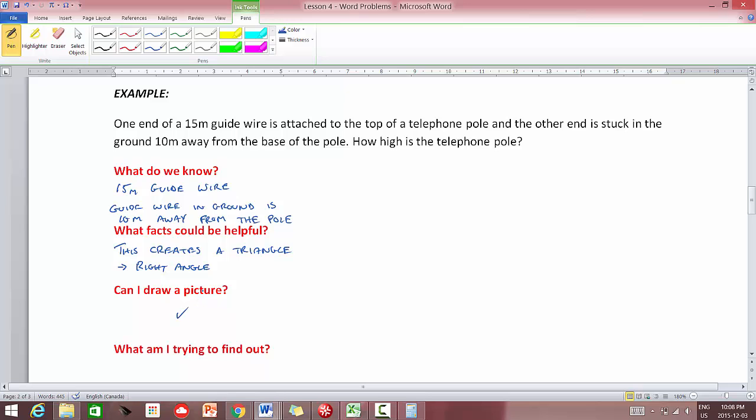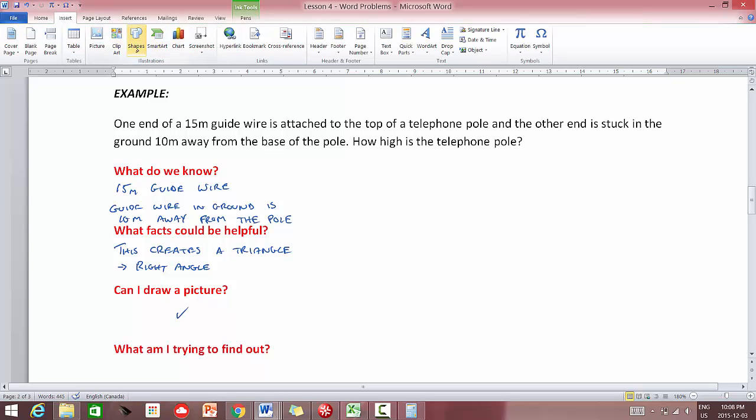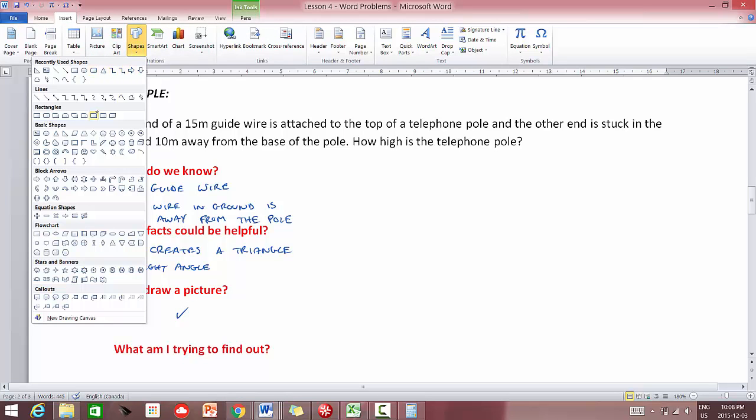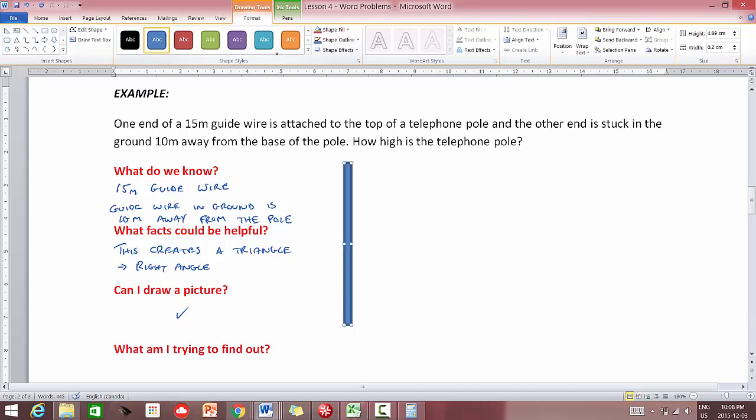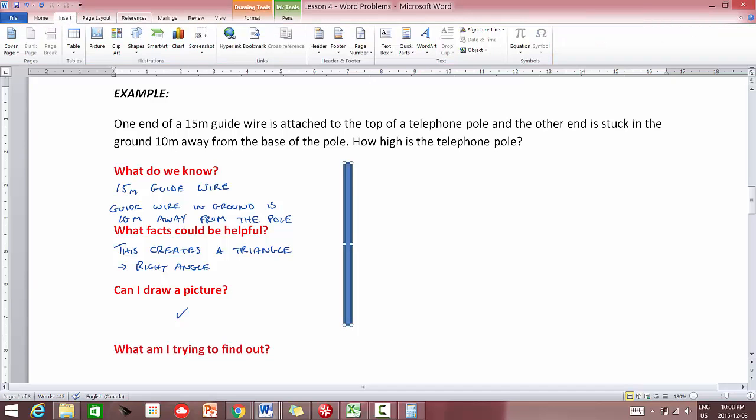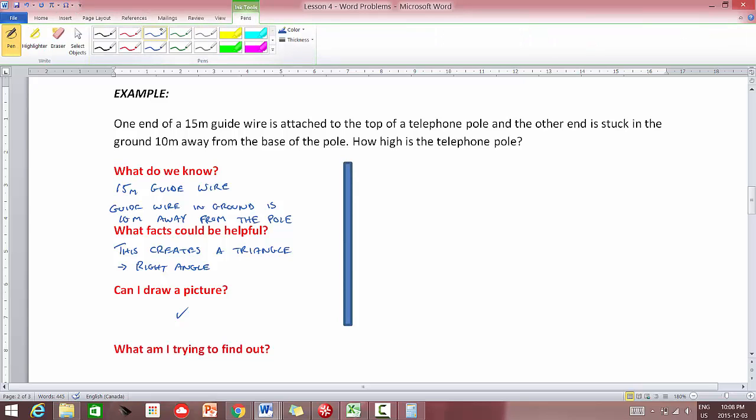Absolutely. Okay, so depending on how artistic you want to be, we take our telephone pole like this. Okay, and we'll go back to pens. Take a telephone pole like that. A guide wire will usually go down.